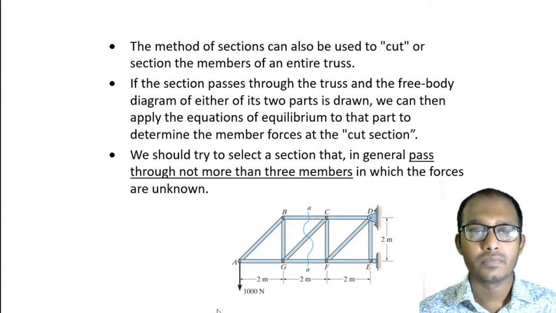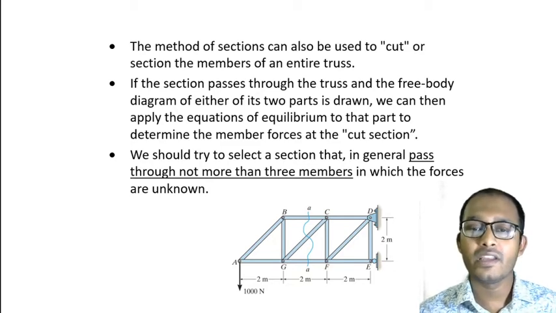Now we should try to select a section that in general passes through not more than three members in which the forces are unknown. To simplify, if we have a truss with complex geometry, we need to cut the section in such a way that there are not more than three members.